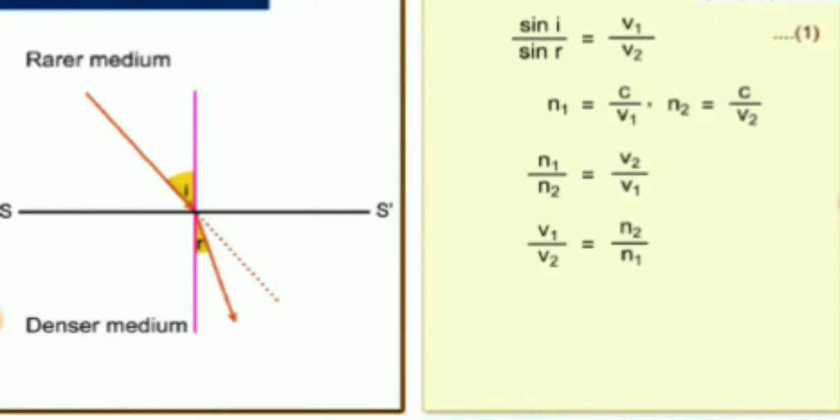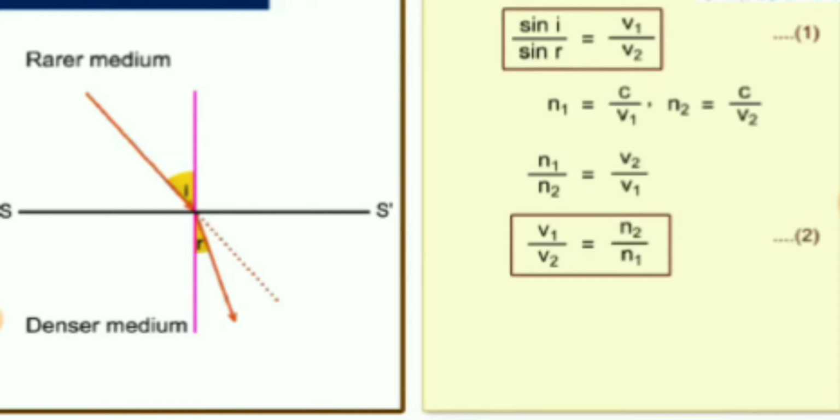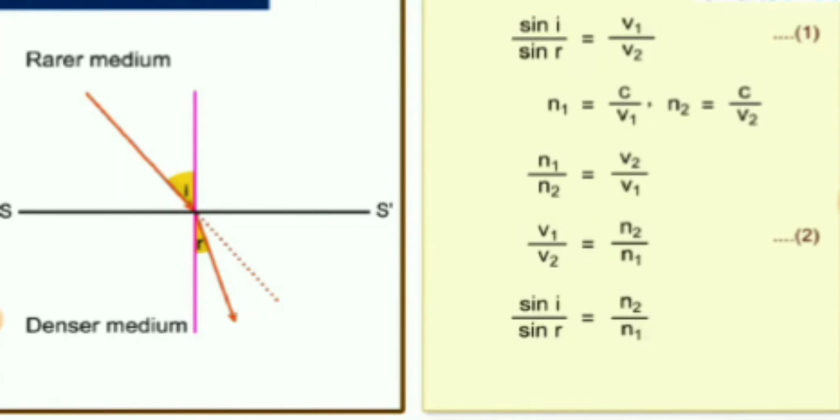Let us label this as equation 2. From equations 1 and 2, we can write sin i by sin r equals n2 by n1. This can also be written as n1 sin i equals n2 sin r. This is Snell's law of refraction.